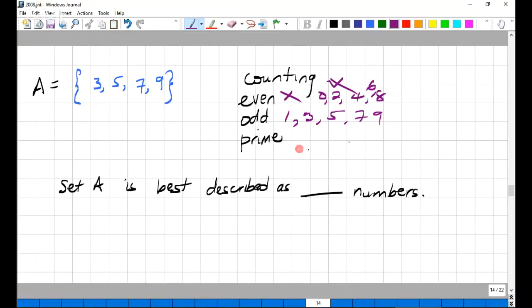All right, cool. And prime numbers have only two factors: 1 and itself. All right. So this one is best described as odd.